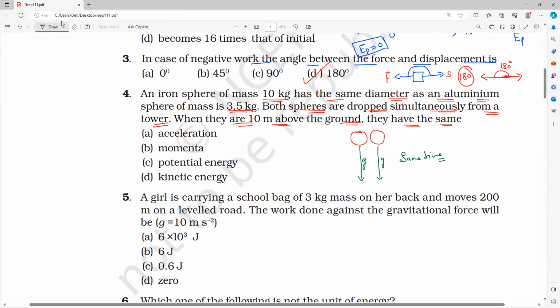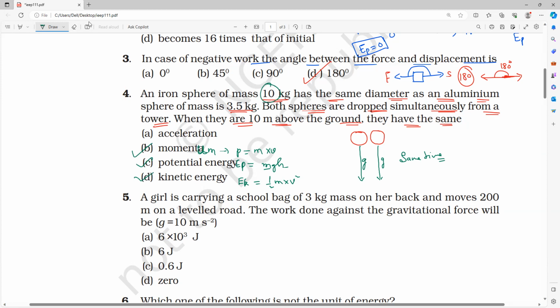But momentum depends on two things, mass into velocity. Potential energy depends on mass and height, mgh. Kinetic energy depends on half into mass into v square. So for kinetic energy, potential energy and momentum, mass is also a parameter.